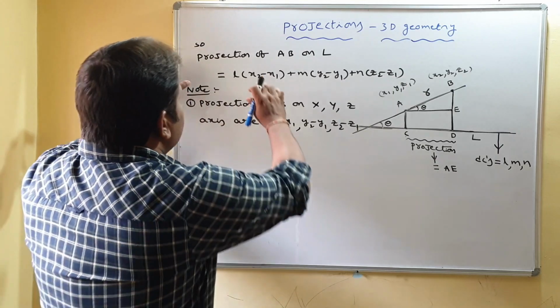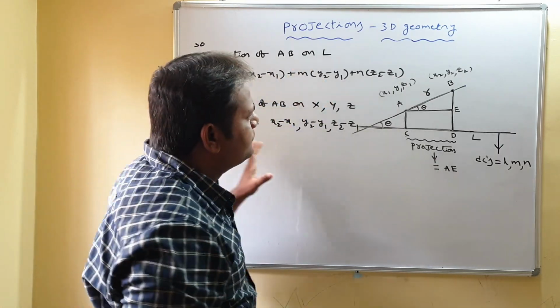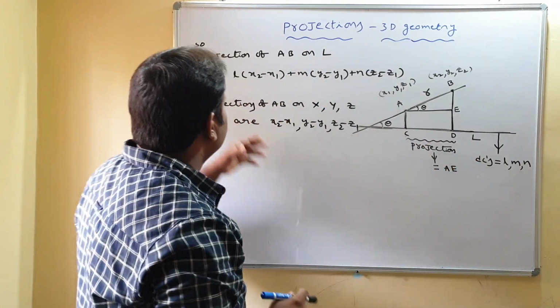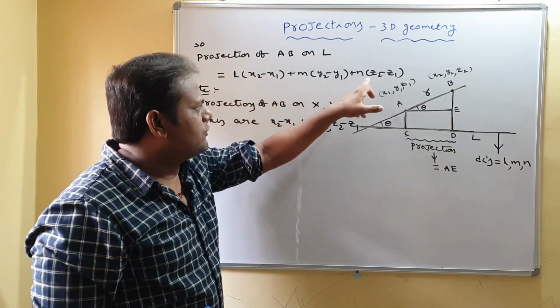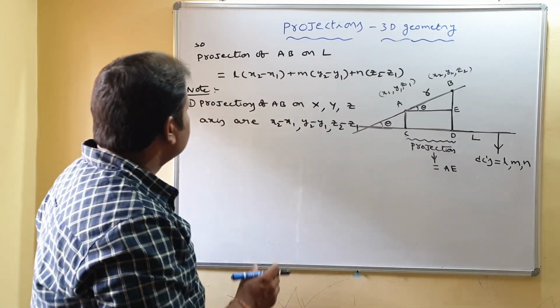So the projection of AB onto the line capital L is l(x2 minus x1) plus m(y2 minus y1) plus n(z2 minus z1).